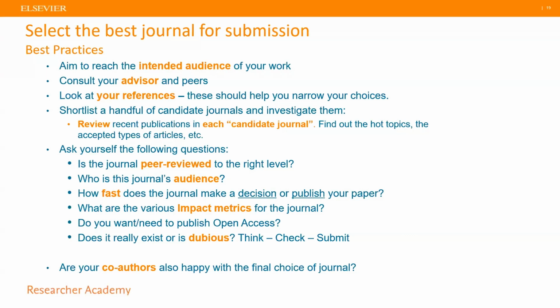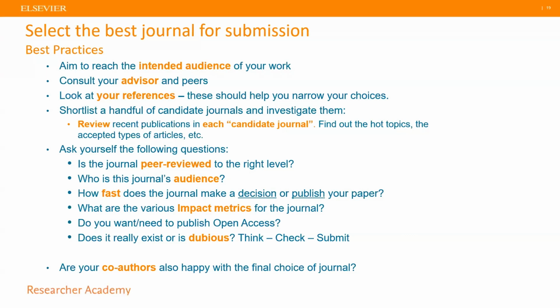Obviously you want to aim to reach the intended audience of your work, and this can be a very broad audience. You could be looking at maybe Science, Nature, or Cell, or it can be a more specific audience where you feel that your research really sits well with a subject-specific journal. Think about that.